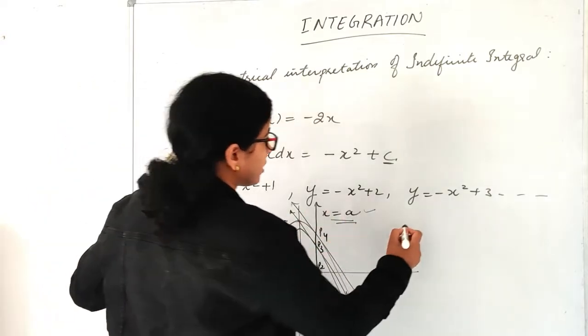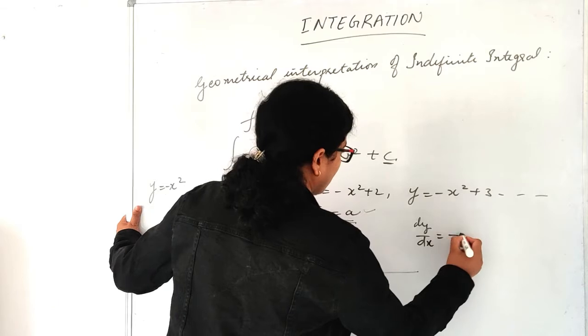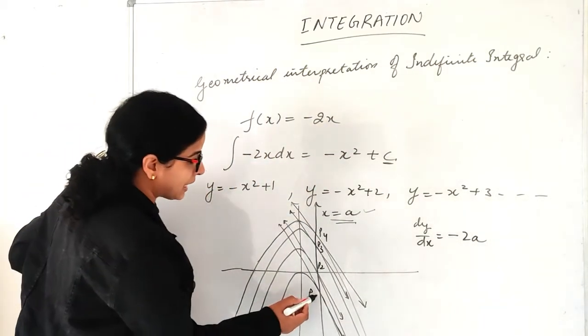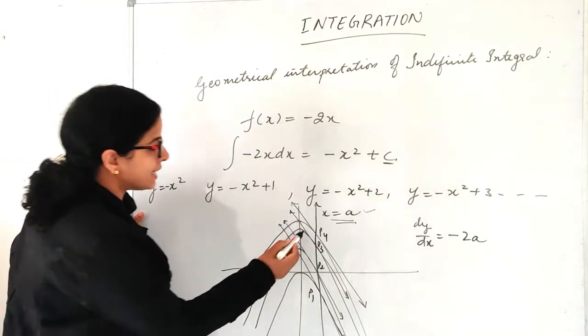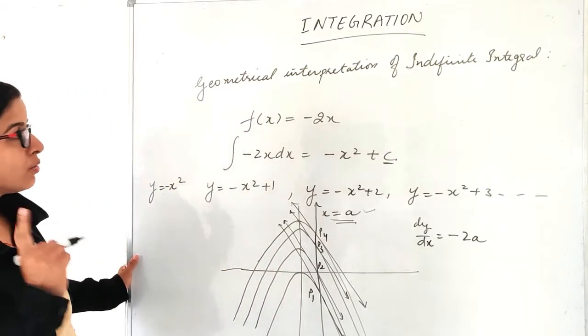So if I find the slope of the tangent, it is minus 2a for each of the parabolas. It means these tangents are parallel to each other, right? So what does it mean?